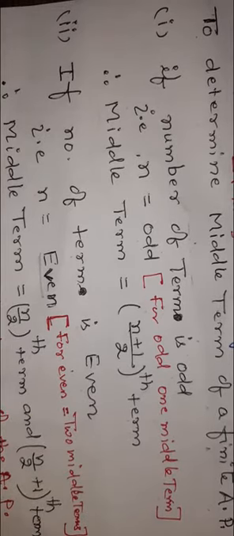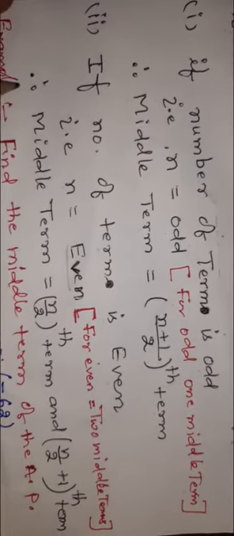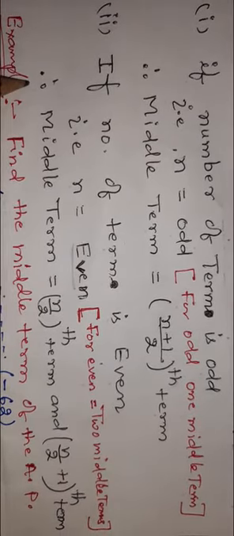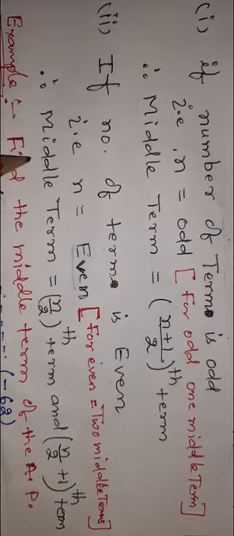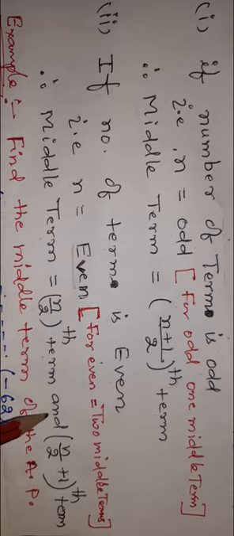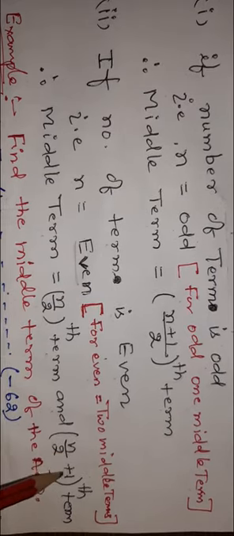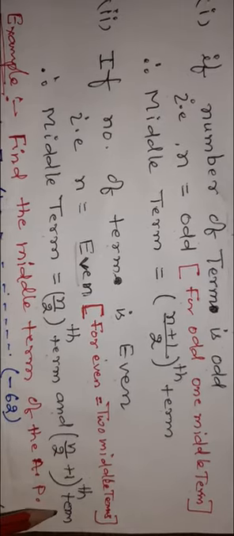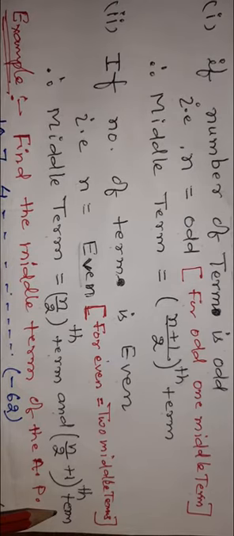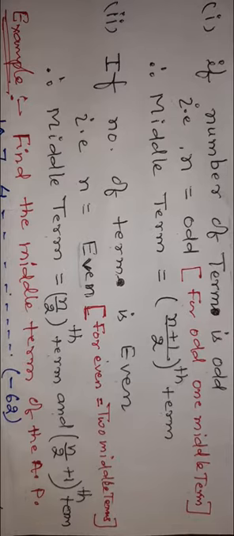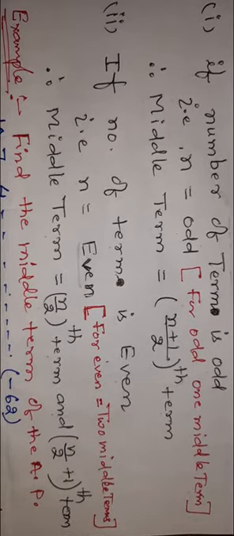So therefore the formula, if n is even, will be: the middle terms are n by 2th term and (n by 2 plus 1)th term. Okay, so let us see ahead. It will be more clear after some examples.